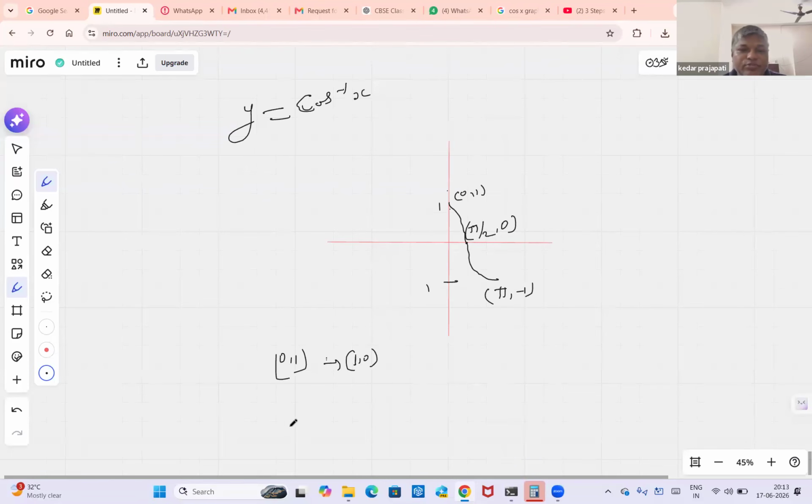Pi by 2, comma 0 will become 0, comma pi by 2, right? And this pi, comma -1, this is very simple. If you draw once or twice, you will get it. -1, comma pi, right? So now our task is to fit in these points. So now let us draw 1, comma 0. Like x-axis will become y and y-axis will become x, correct?